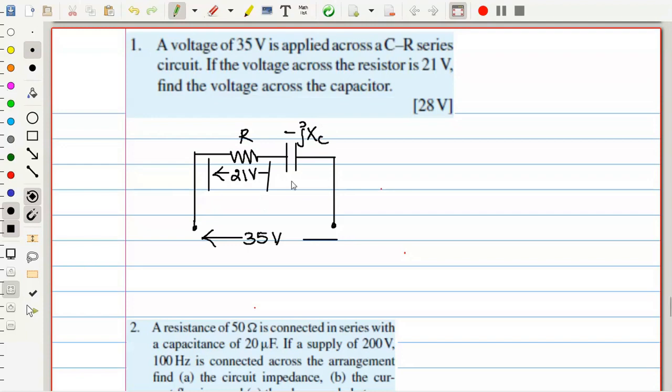Next, we need to find the voltage across the capacitor. So let me indicate that this is VC. Try to see that I am putting magnitudes only. I am not putting any bar over here. If I put a bar, it becomes a phasor. If I remove it, it is a magnitude.